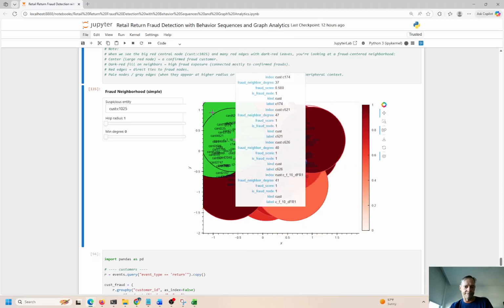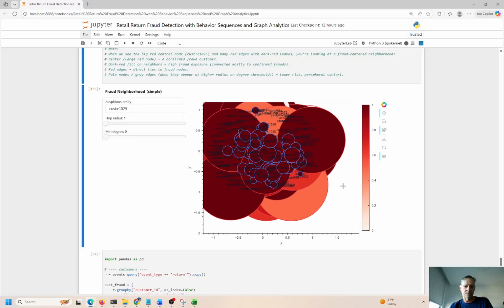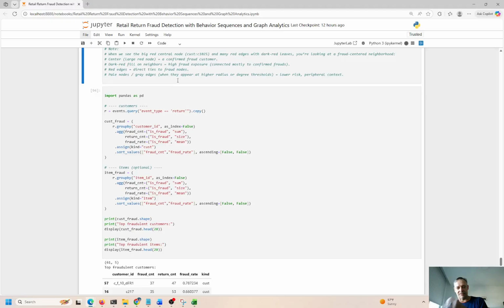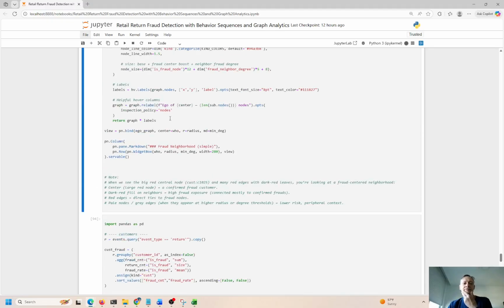Refresh this thing here. Oh, this is different. It's not Plotly. Okay, so I have to refresh this. Okay, got it. So when you see the big red central nodes, this is like a network of fraudsters, right? Dark red means you're looking at fraud-centered neighborhoods. The center is the large red node. These are all the fraud customers, again, congregating, getting together, and trying to beat the system. Dark red shows the neighbors, high fraud exposure.